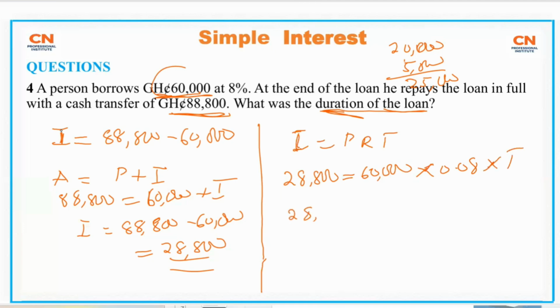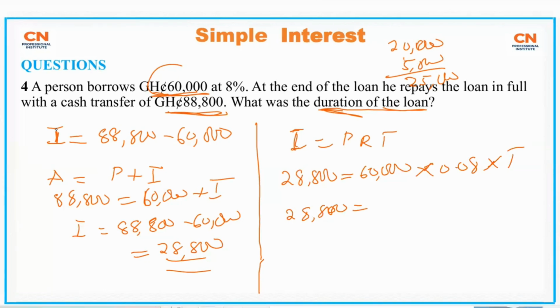So 28,800 is equal to 60,000 times 0.08. That will give us 4,800 times the T. So 28,800 is equal to 4,800 T. So how do you get T?